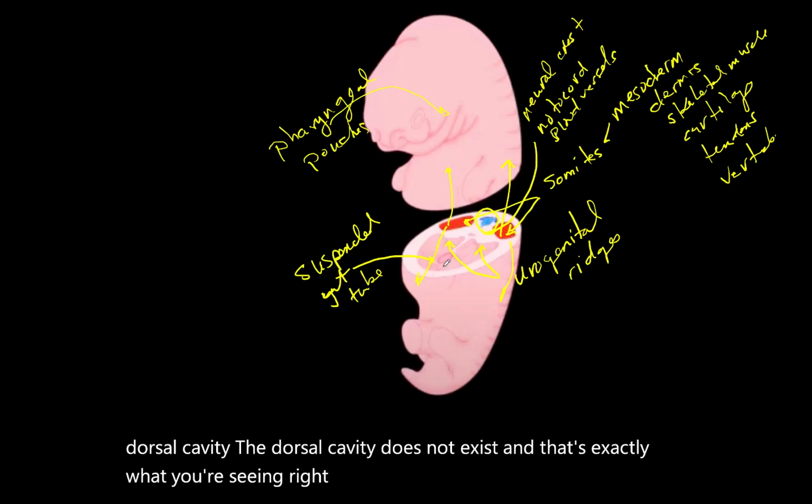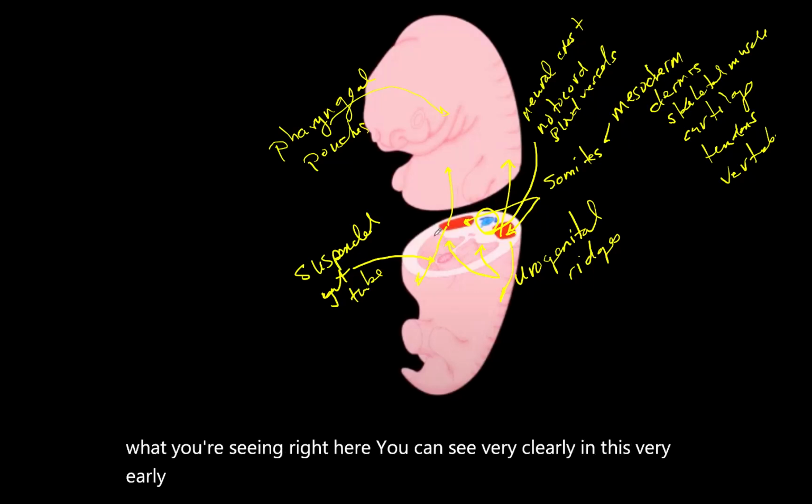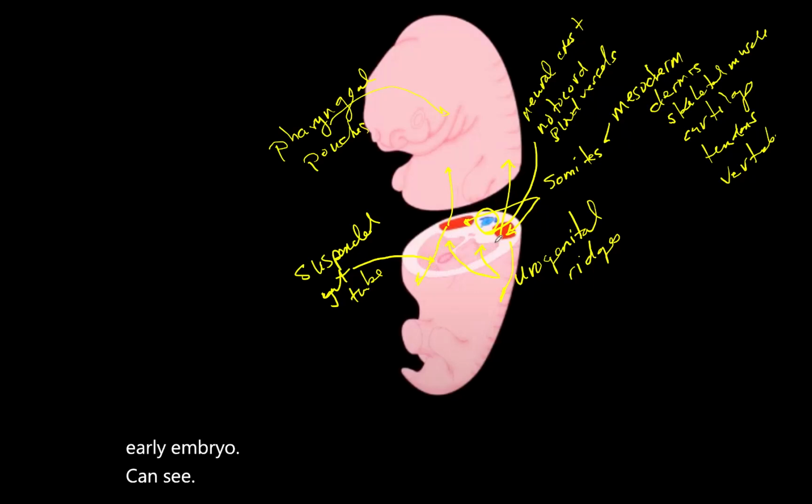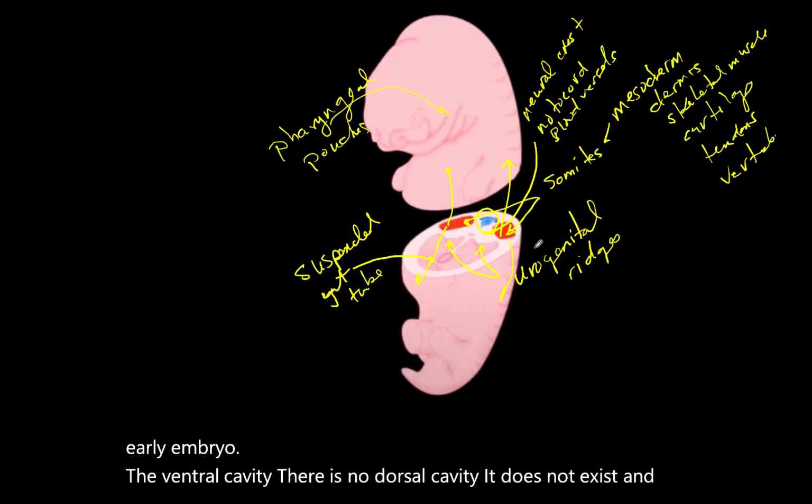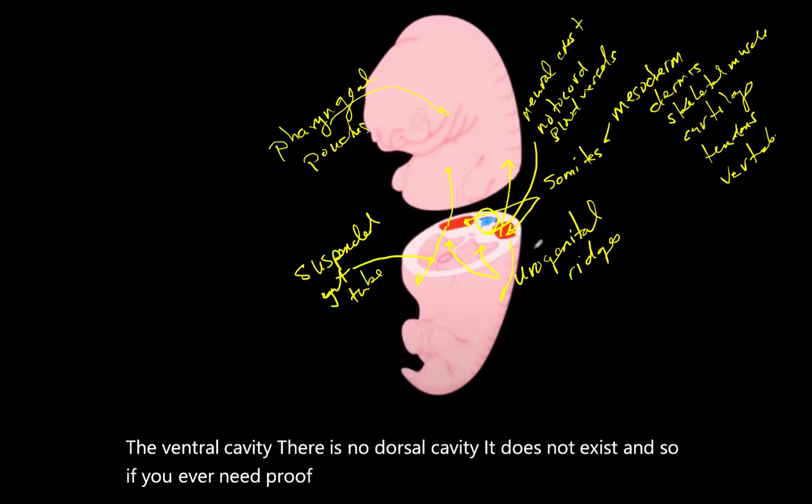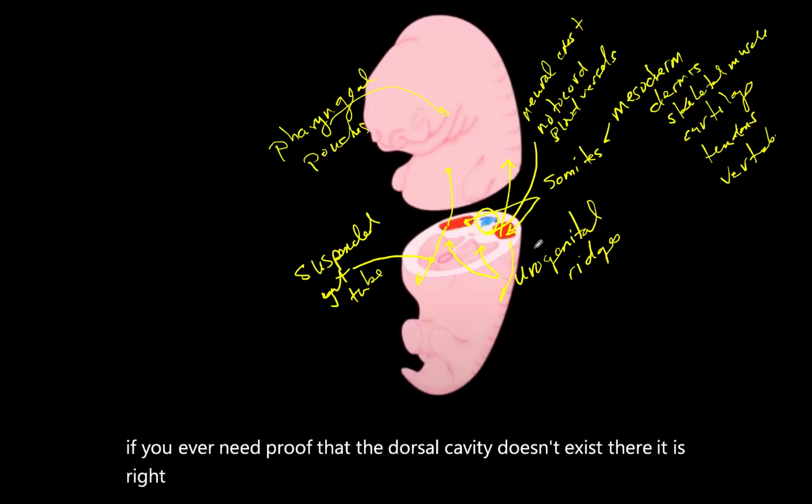You can see very clearly in this very early embryo the ventral cavity. There is no dorsal cavity. It does not exist. And so if you ever need proof that the dorsal cavity doesn't exist, there it is right there.